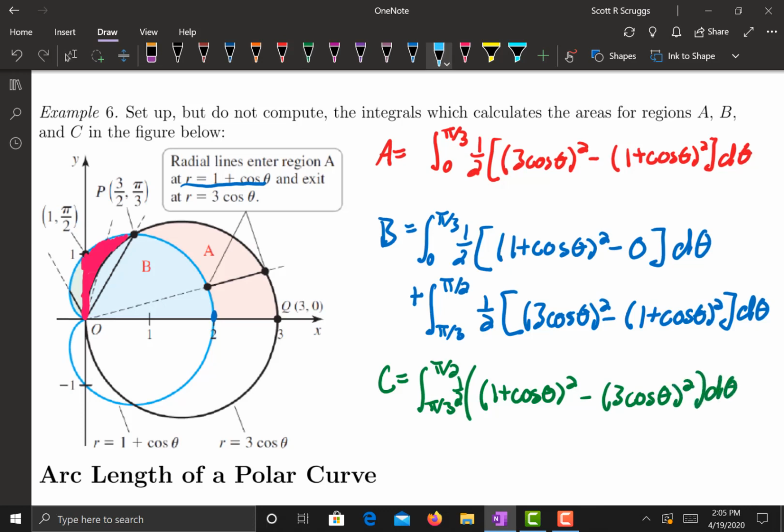And then from pi over 2 until pi, I'm not dealing with the circle anymore. I am just dealing with the cardioid over here, meaning that all I'm left with is to take the integral of (1 plus cosine of theta) squared. And there's my region C.